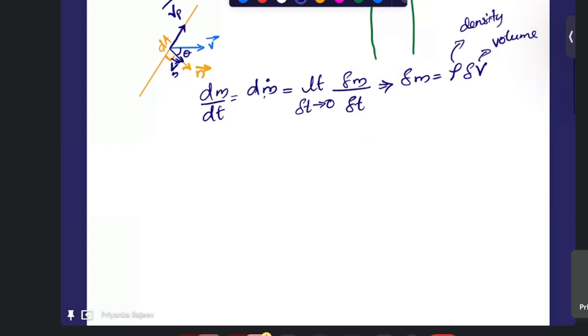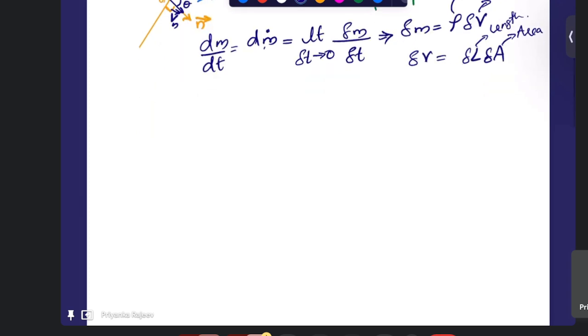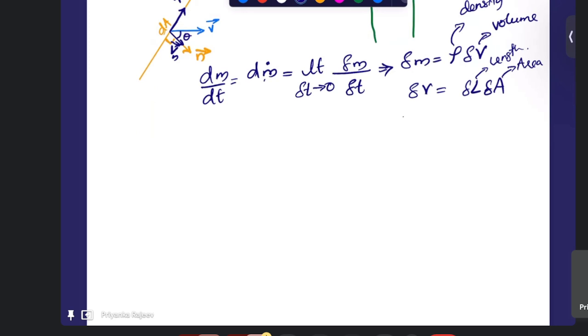This delta V can again be written as delta L times delta A. This is area, and this is length. Combining all this, we can write delta m equal to rho delta L times delta A.